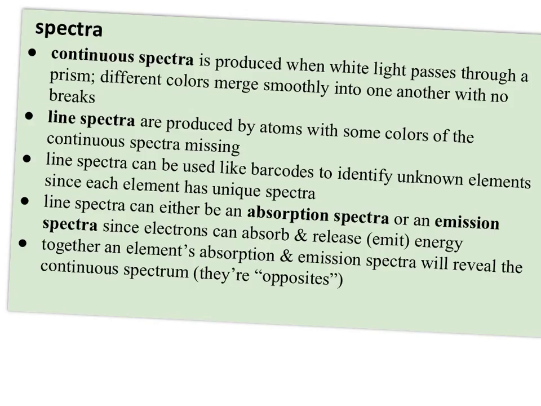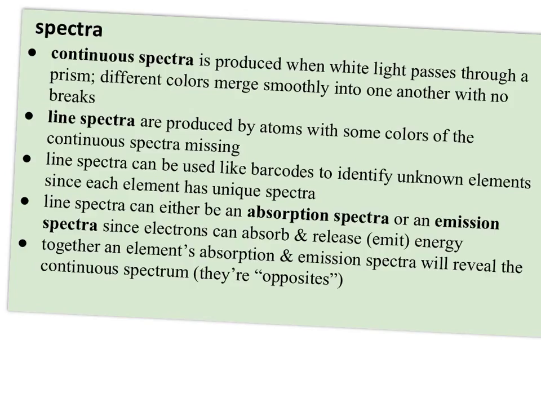So line spectra can be used like barcodes to identify unknown elements because each element is going to have its own unique spectra. In fact, that's how we realized helium was a new element. It was first observed from looking at the sun, and it didn't look like any spectra we've seen from elements here on Earth.